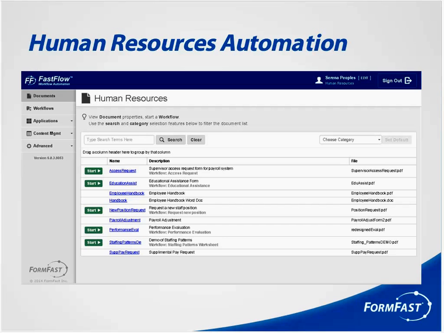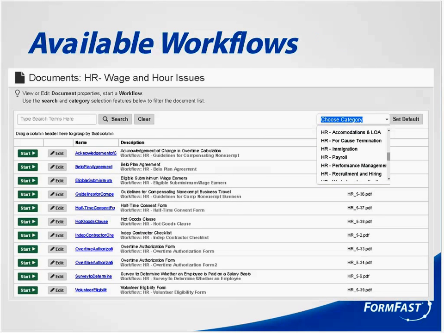The key here is that we can take a form that already exists in paper or Excel or Word format and convert it quickly into an online fillable form. So we have a means of putting these all online and building processes around them.